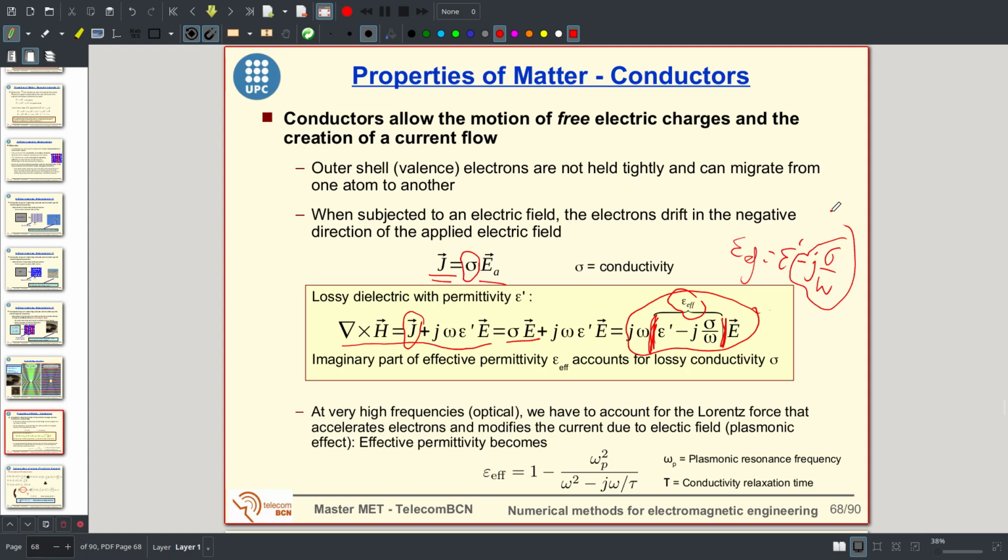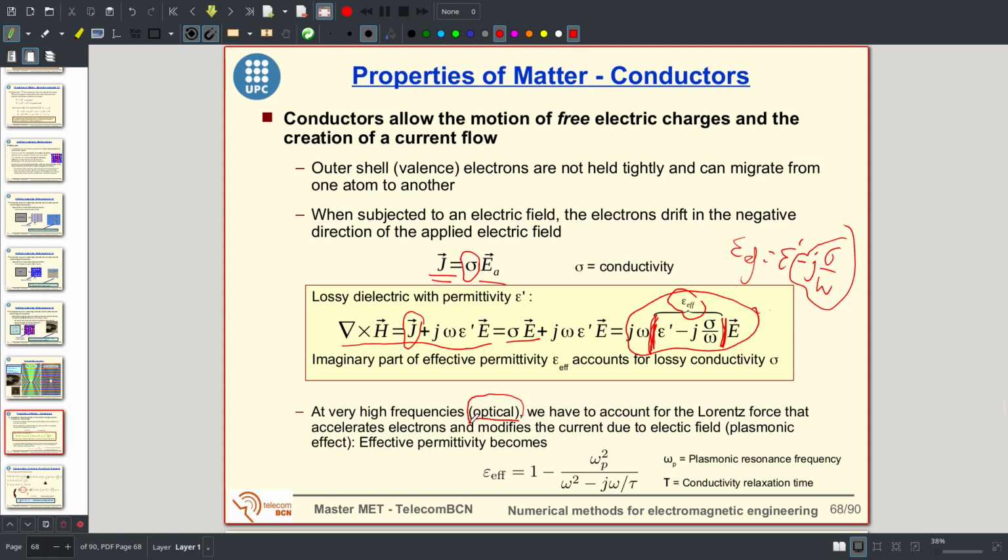Okay, and it is interesting to remark that at very high frequencies, in the optical case, the frequency is so high that we have to account for the force necessary to accelerate the electrons, because you know that the electric field produces a force on the electrons.